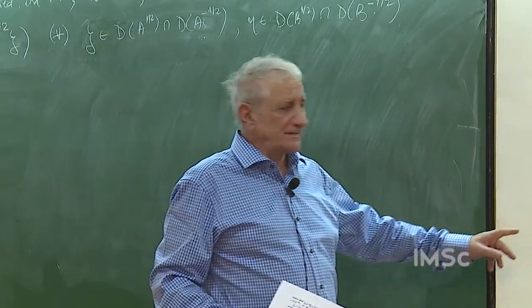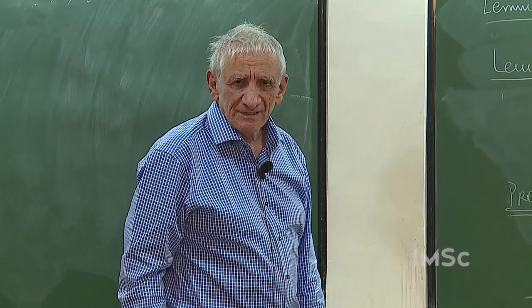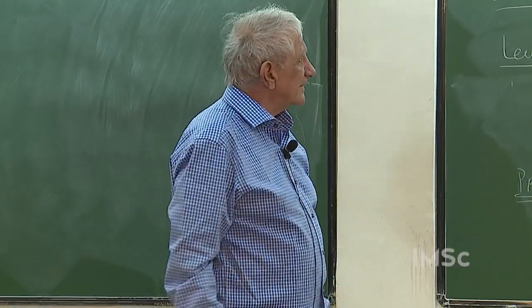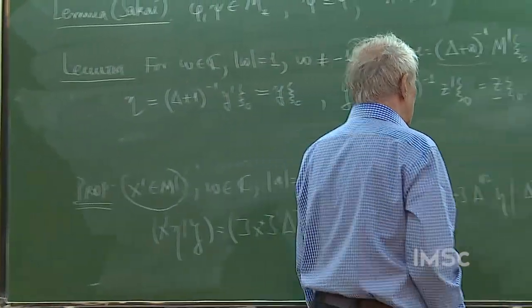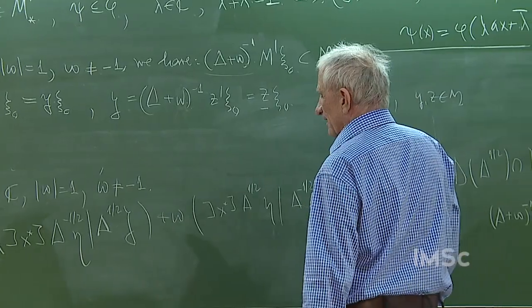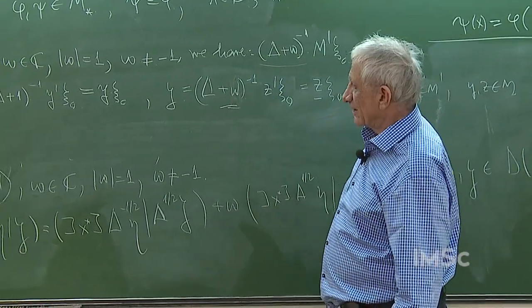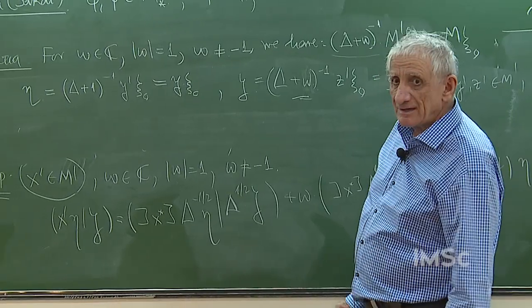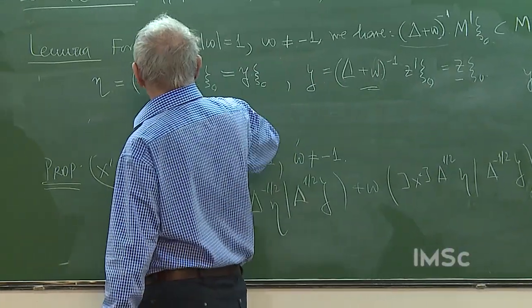Look in this. Sorry? No, this is delta plus 1 and this is delta plus omega. Is delta plus omega in the first one? Where? Left side. Eta equal to delta plus 1. Of course.